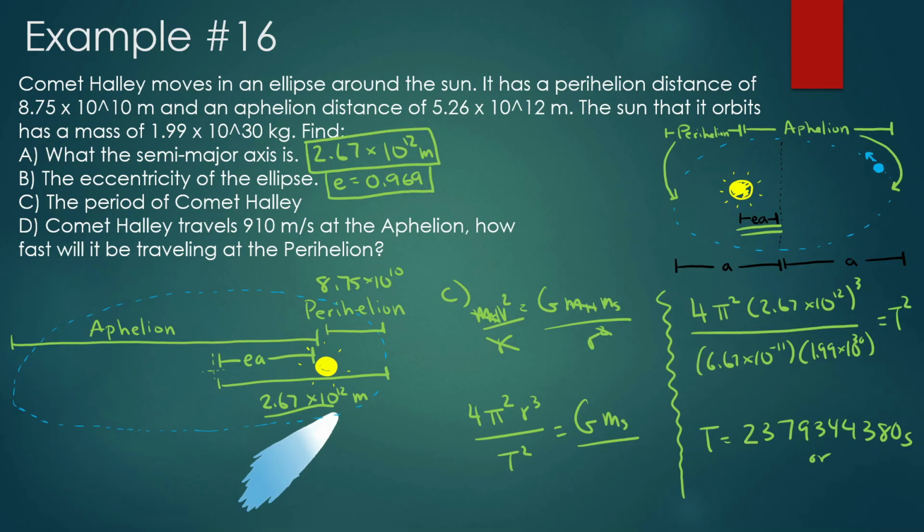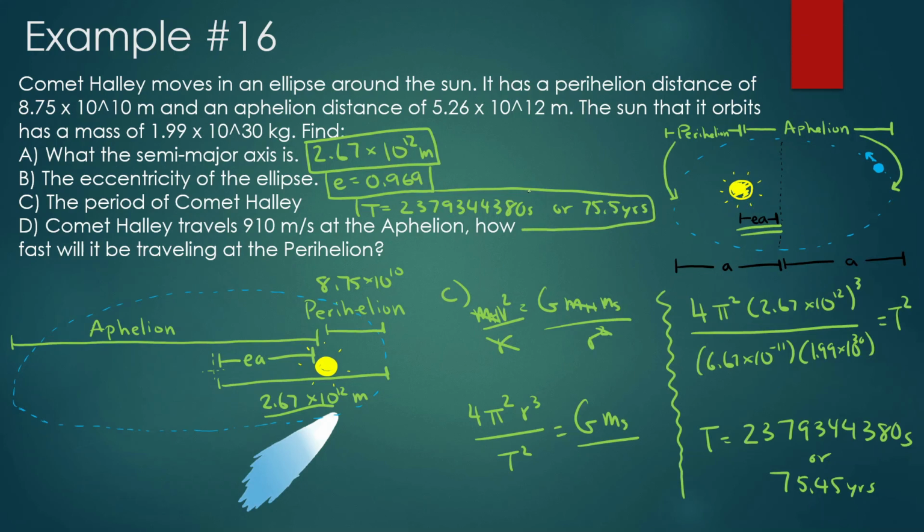Divided by 60, 24, and we should get 75.45 years. Okay, so it goes around the sun. But this period is equal to this big number. I should set my calculator differently so I could have it in scientific notation. Or 75.5 years. Okay.